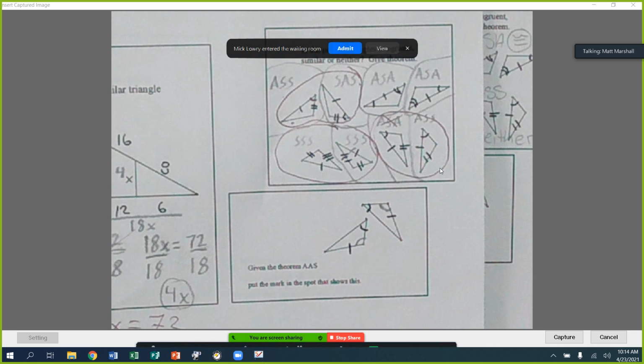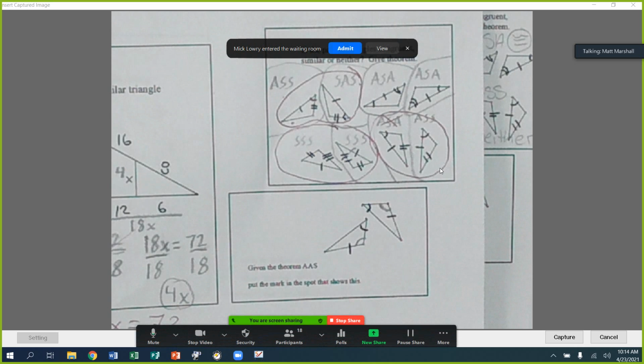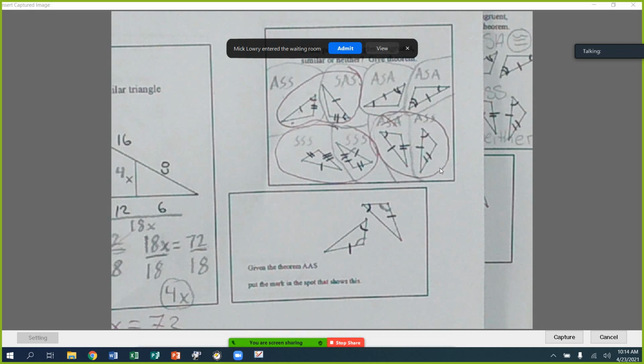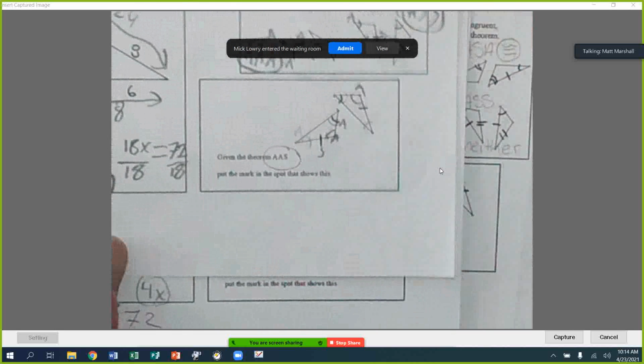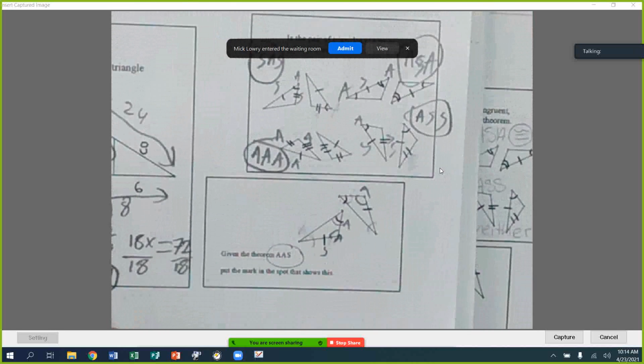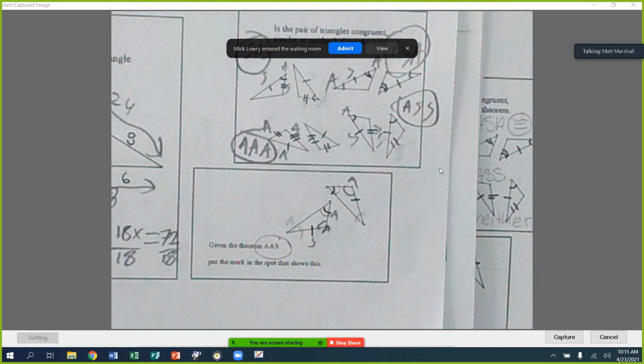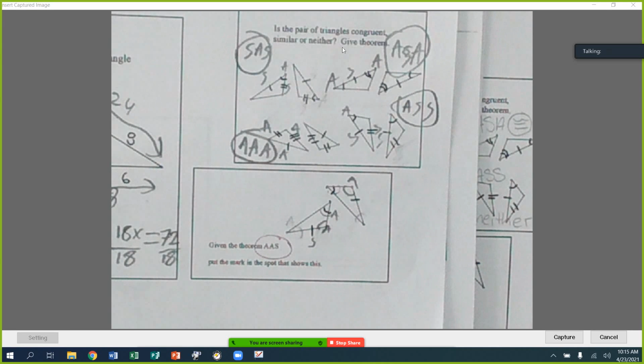All right, this is 1-1. Get this bottom one perfect. For this little mark that you put, why did you put that mark right there, Juan? Are these similar?